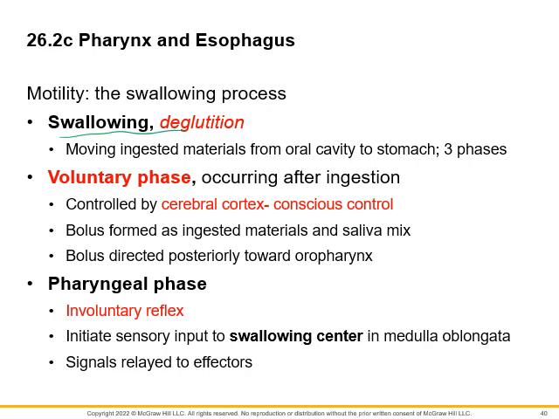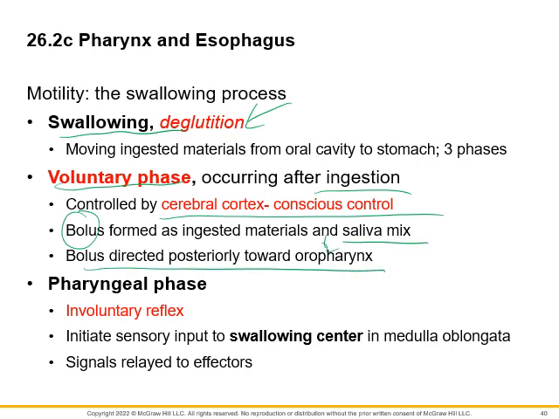So the actual process of swallowing is called deglutition. The voluntary phase is controlled by your cerebral cortex, your conscious control. The bolus and the saliva are going to mix, and you're going to push the bolus into the oropharynx with the tongue. Then you have this involuntary reflex.